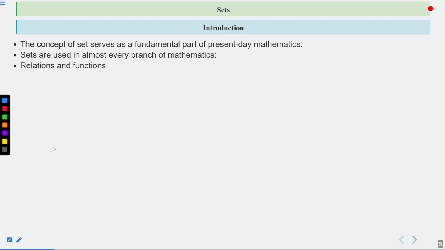Mainly in relations and functions. In relations and functions, you always define your relation and function from a set to another set. Also in geometry, sequence and probability. In probability, you talk about your events. For now, we will be focusing on sets only.